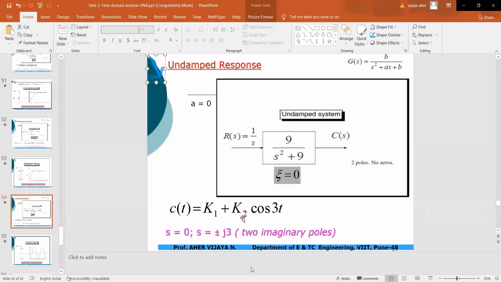Then after that, next step, by taking Laplace inverse of this C of s, you will get c of t in time domain is equal to, say your k1 value came as, for example, 0.9, plus k2 value came as, for example, 29, into cos of 3t. Now this is the output equation, that is c of t. This is the equation of output in time domain. Got my point?